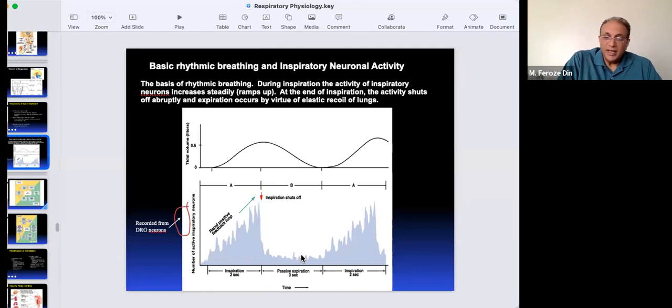And if you recall, at rest, expiration is passive. So there's passive expiration due to recoil of the chest and abdominal structures, including the diaphragm, and then the same cycle starts again. So at rest, the neurons that are basically active are the dorsal inspiratory group.